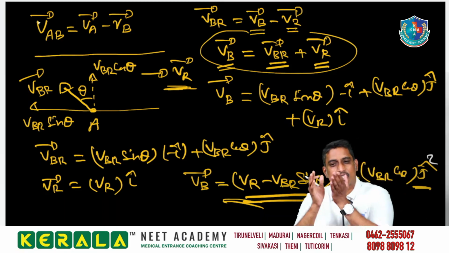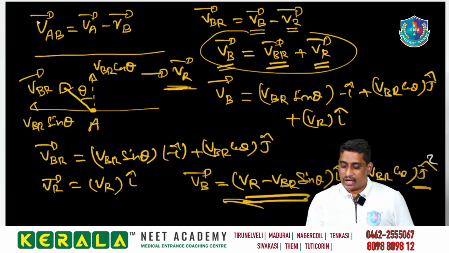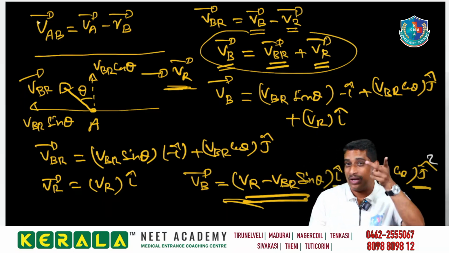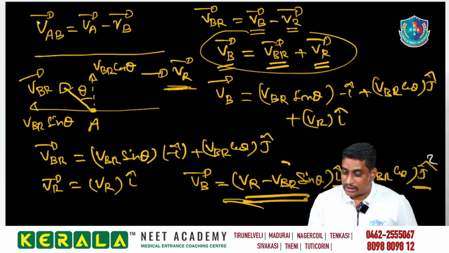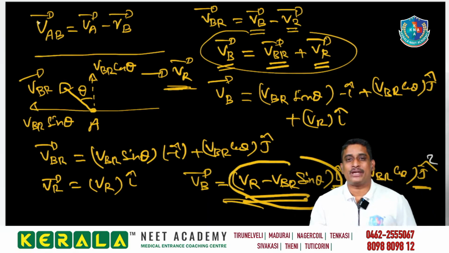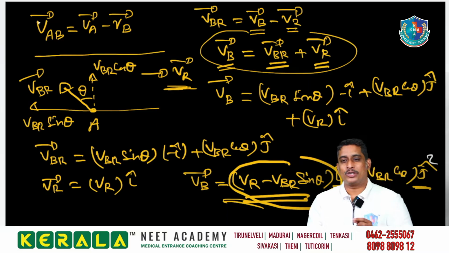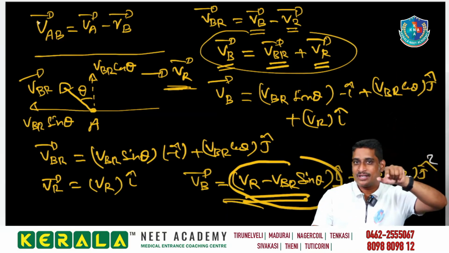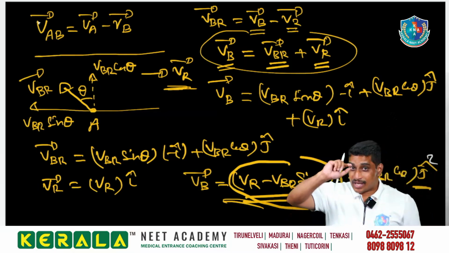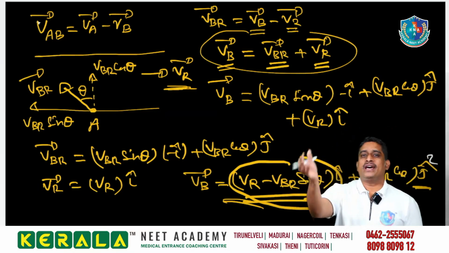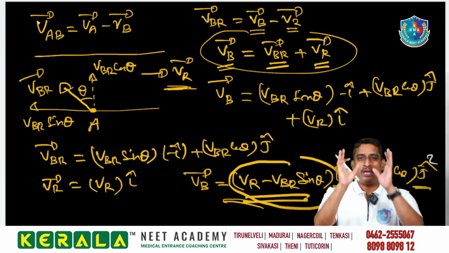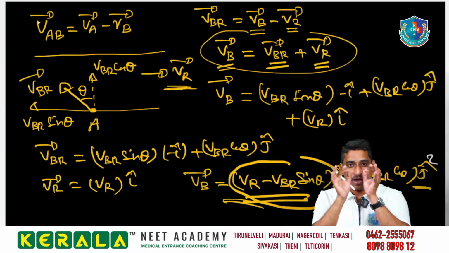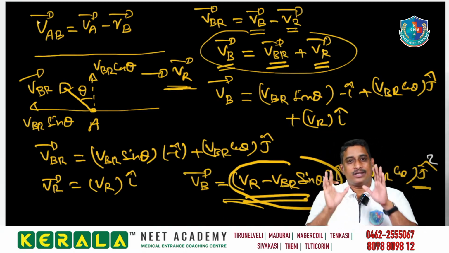From this equation it is very clear, if VR and VBR sin theta, both factors, are equal, then the x component of velocity of the boat becomes 0, then the boat moves straight along the y-axis. That means, in order to reach exactly the opposite point on the other bank of the river, the main condition from this equation is VR should be exactly equal to VBR sin theta.